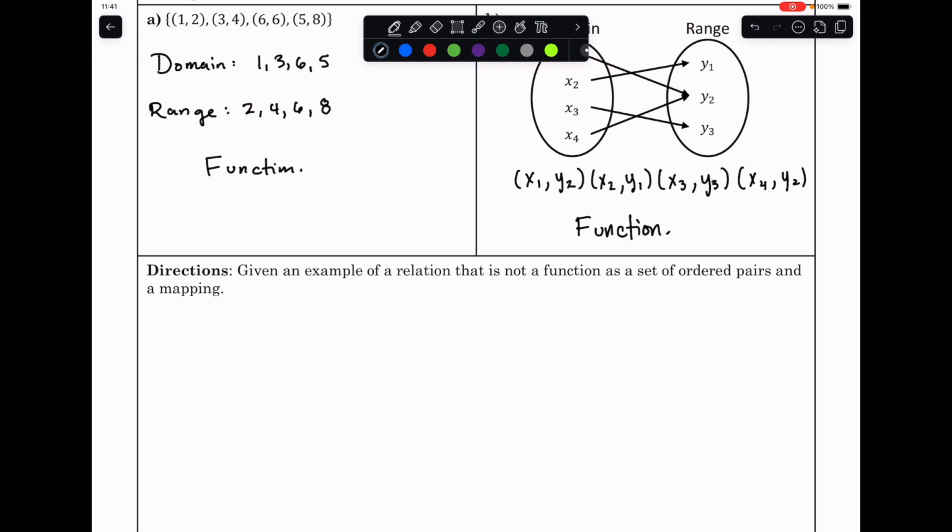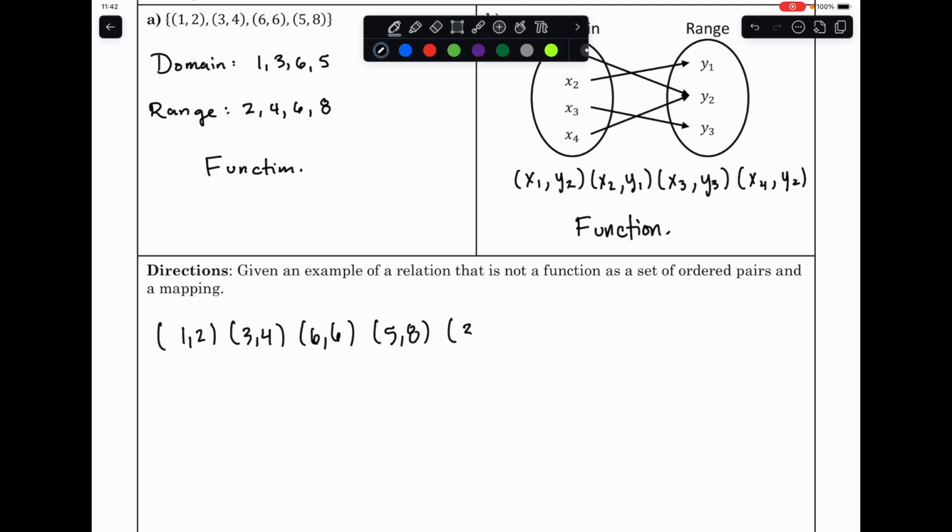Now let's come up with some non-examples. Let's come up with some examples of relations that cannot be classified as a function. If we look at example A, and we consider again the relation (1, 2), (3, 4), (6, 6), and (5, 8), I can add another ordered pair.